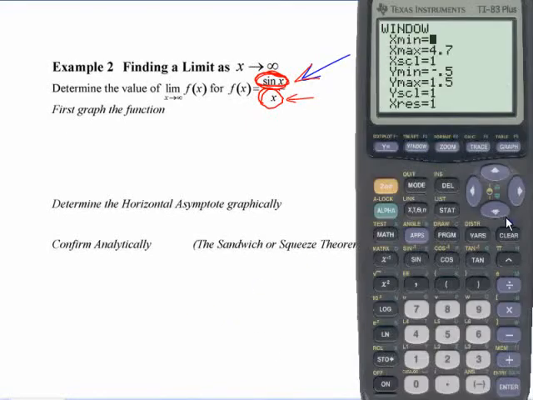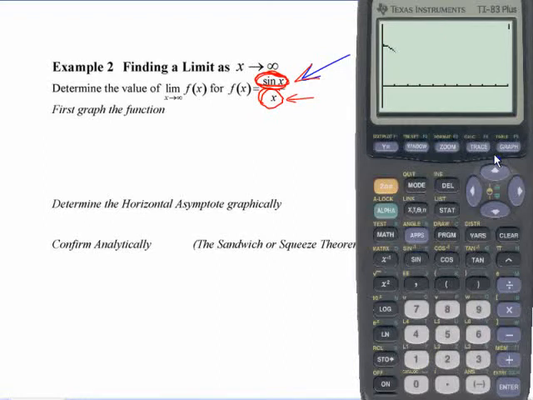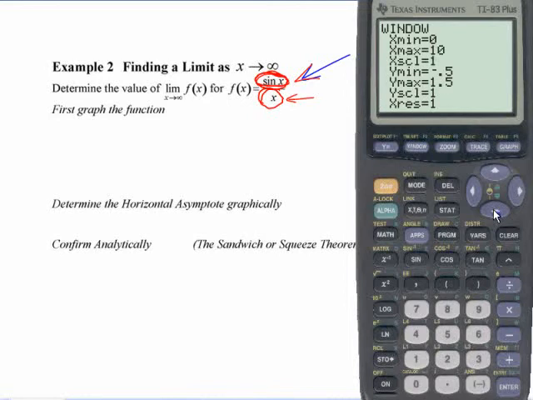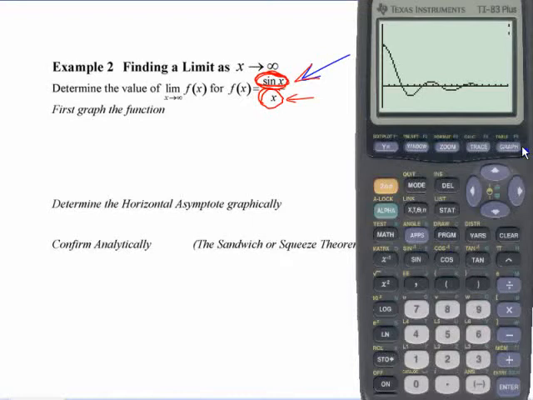So if you made this go now to a bigger number instead of 4.7, 10, you can see a little bit more of it. Okay, it just kind of trails off at the bottom there.